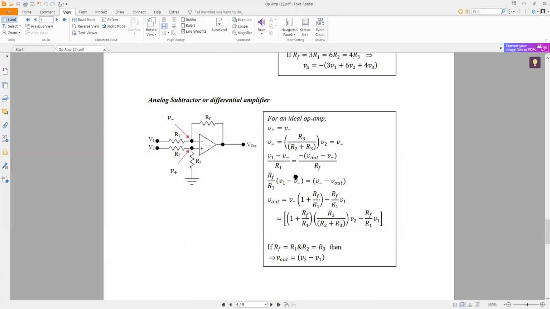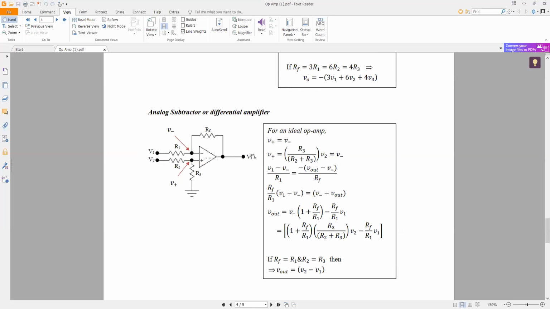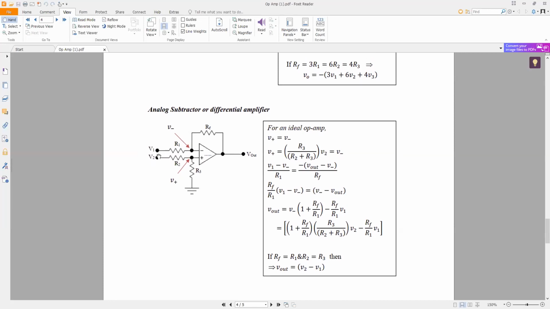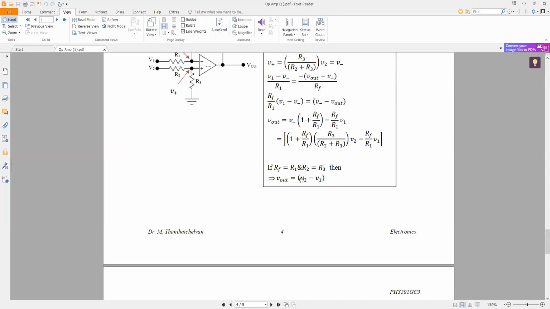If you equate them, you will end up with this equation, and if you apply Rf equals R1 and R2 equals R3, you will have your V out as V2 minus V1, the difference between the input voltages. I'll leave this one for your practice. You can refer to the lecture notes or practice it yourself.